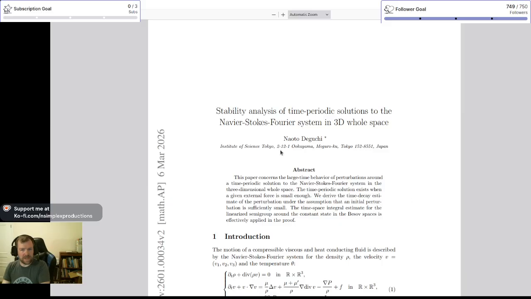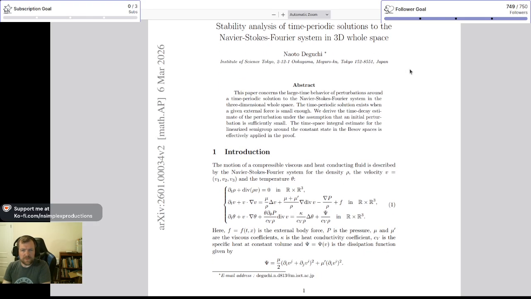Stability analysis of time periodic solutions to the Navier-Stokes-Fourier system in 3D whole space by Naoto Deguchi. Paper concerns large time behavior of perturbations around time periodic solution to Navier-Stokes-Fourier system in the three-dimensional whole space. The time periodic solution exists when a given external force is small enough.